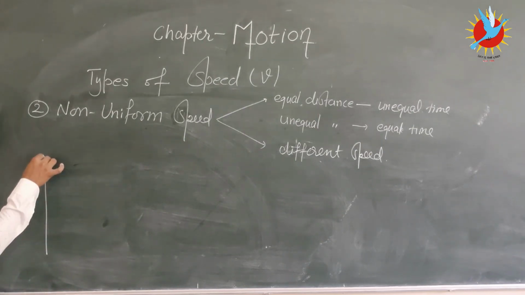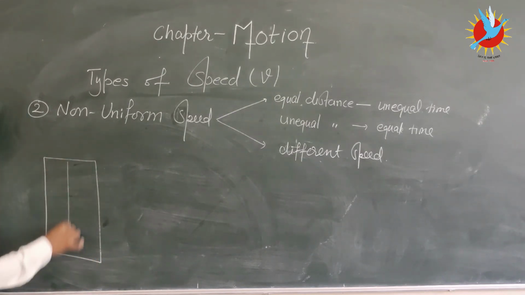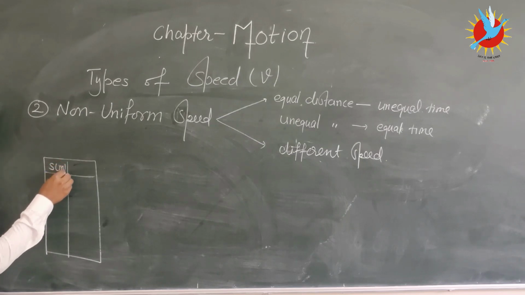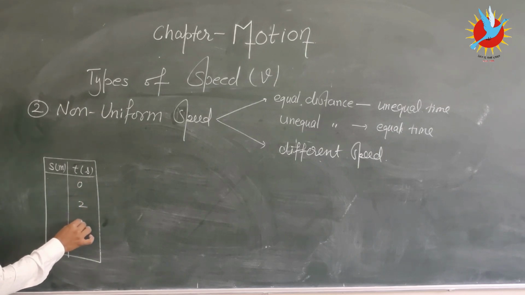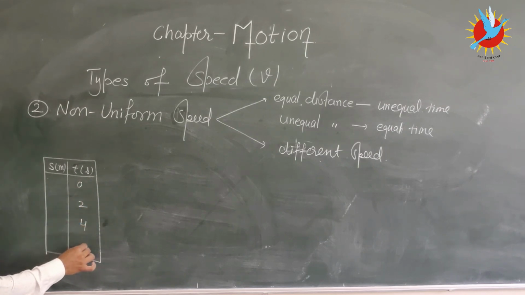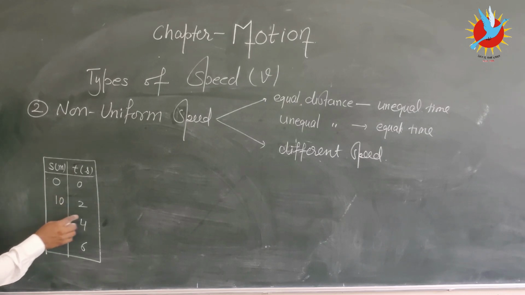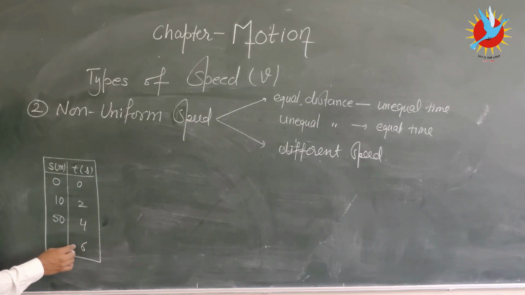How can you say that? Suppose distance is measured in meters and time in seconds. Every 2 seconds, you find that the distance is initially 0, after 2 seconds the position reaches 10, in another 2 seconds it reaches 50, and after another 2 seconds it reaches 150.